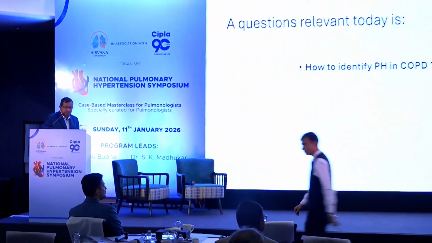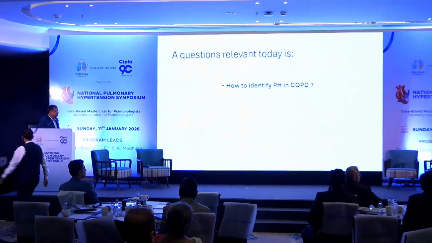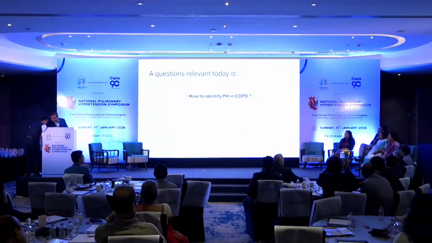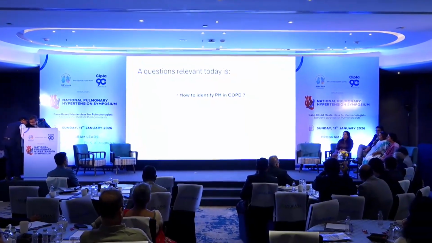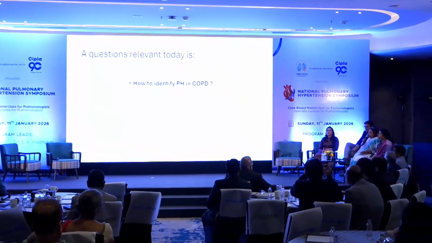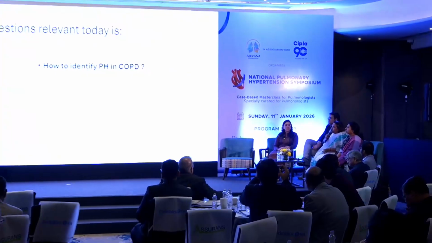In our day-to-day practice, to easily find out when we have to suspect PH, one is on the X-ray, if there is a prominent pulmonary artery conus, or on ECG there are tall P waves, and on CT scan, if we see that the pulmonary artery diameter is more than 16 mm, then we should suspect PH in COPD cases.